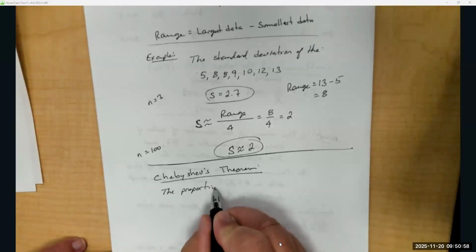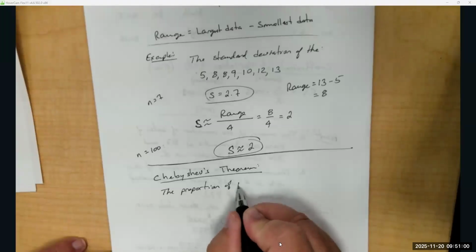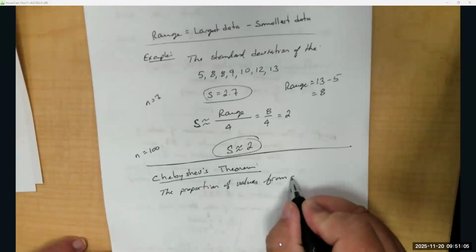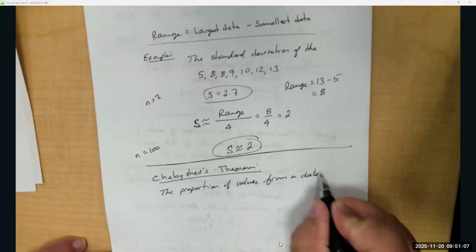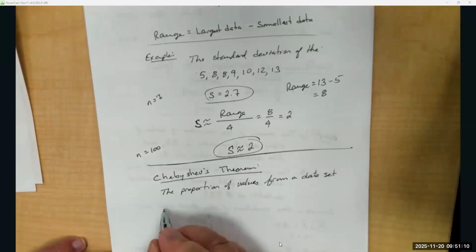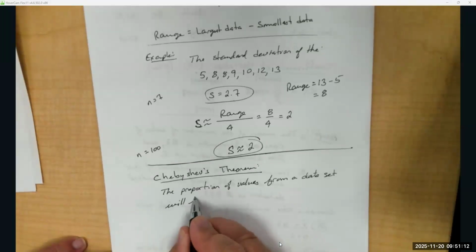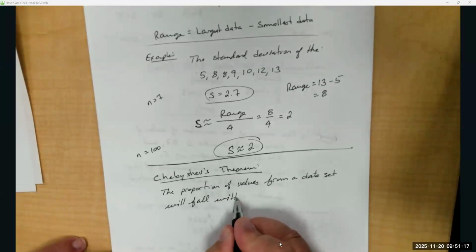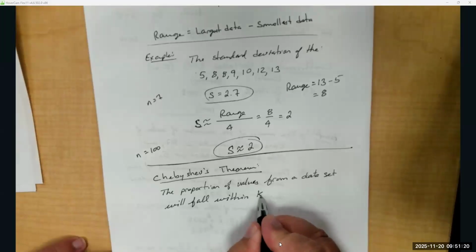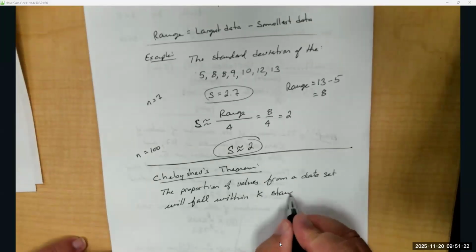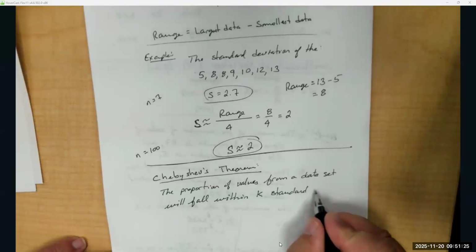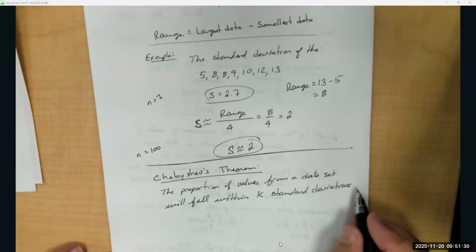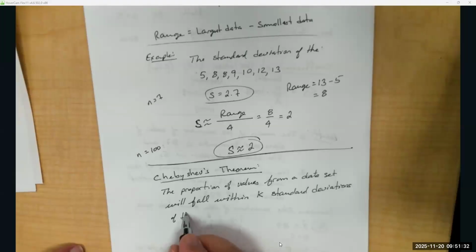He stated the proportion of values from a data set will fall within K standard deviations of the mean.